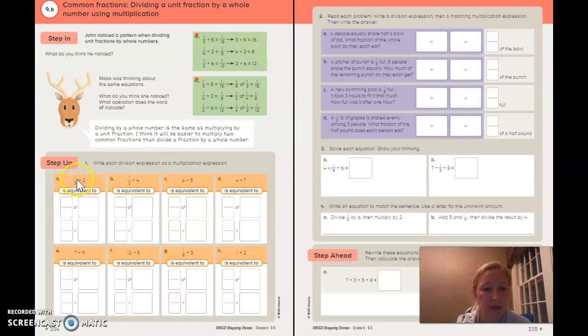Okay, so here they have 1/3 divided by 2. That's exactly like saying 1/2 of 1/3. Okay, so, and because we know the of sign also means multiply, we can just change this down here to say 1/2 multiplied by 1/3.